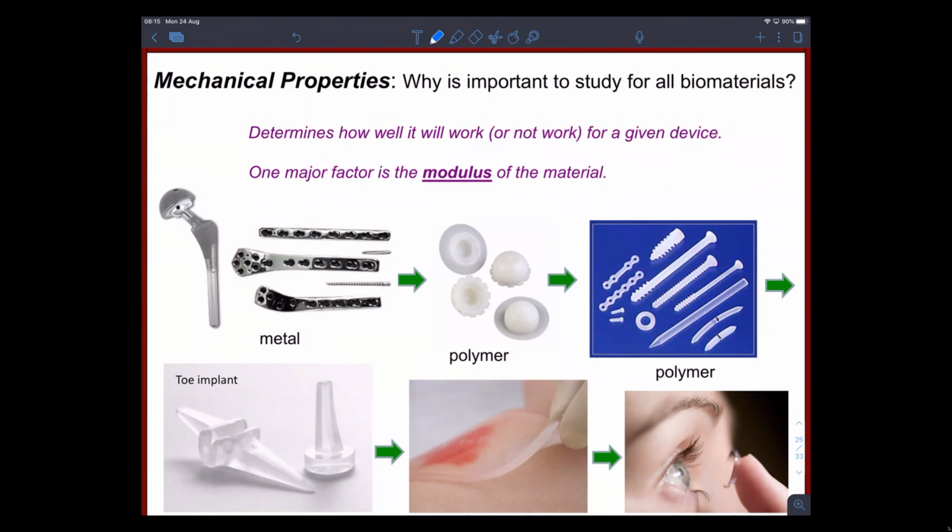So one thing that we look at in more detail is the elastic modulus. So I'm going to define that for you.